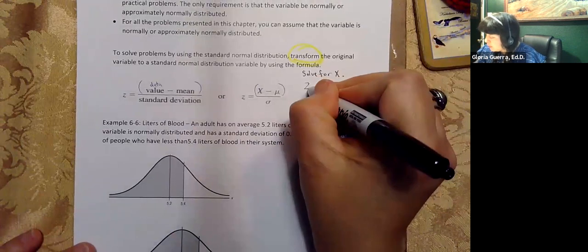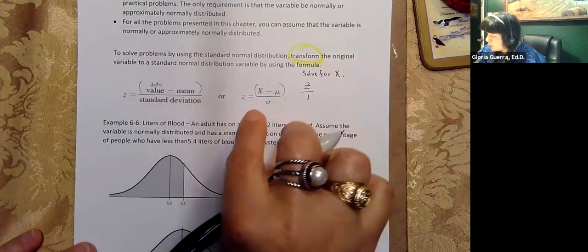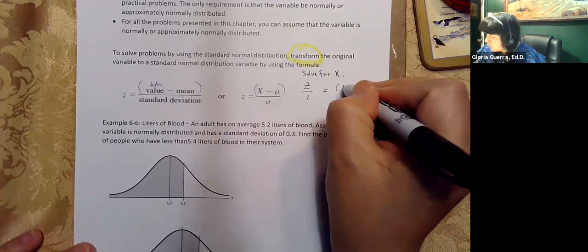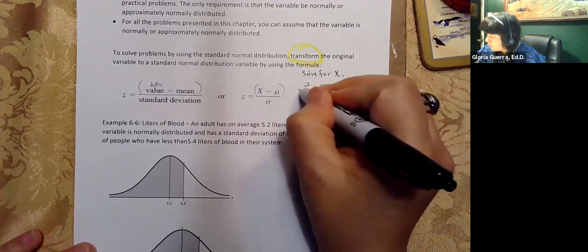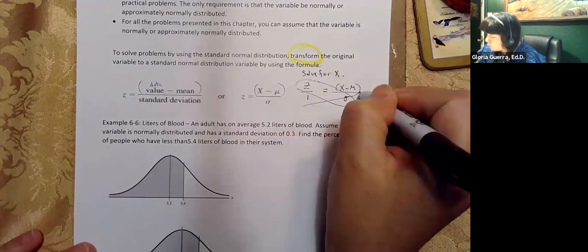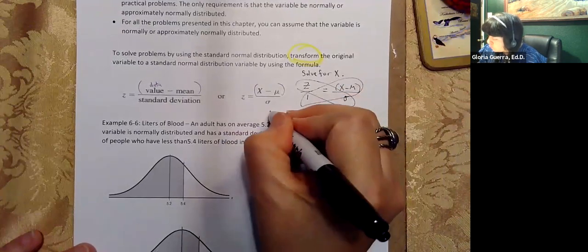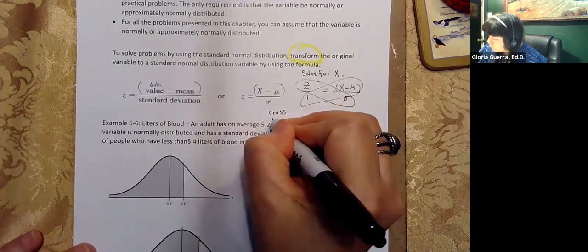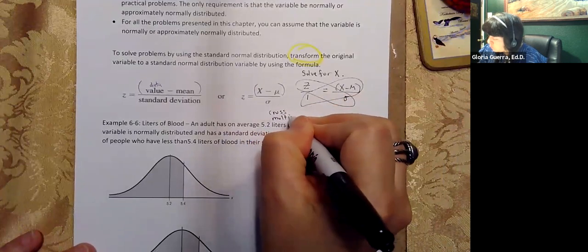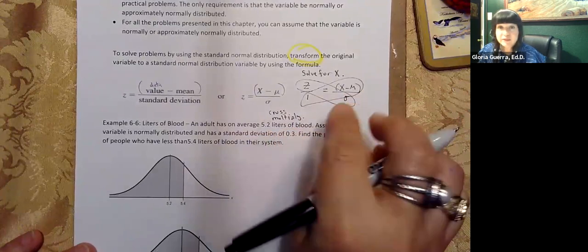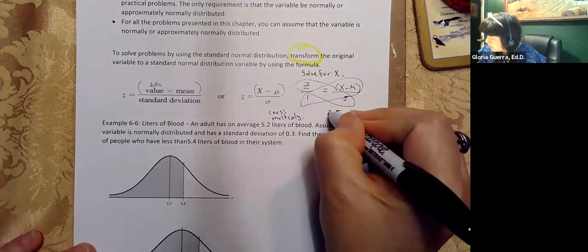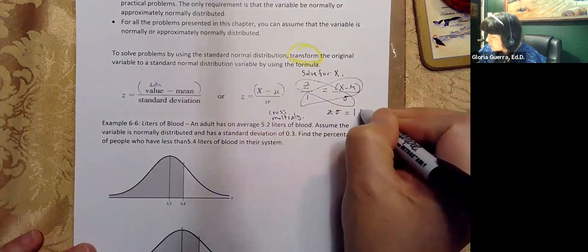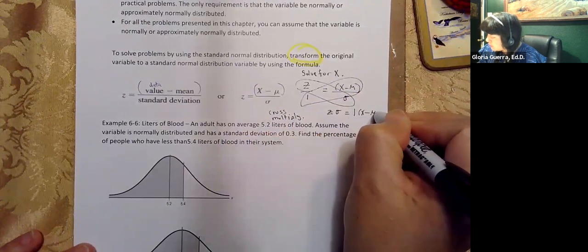Basically, you would write this formula, you would put this over 1, and then I would advise you to cross multiply. And so z times sigma is z times sigma, and 1 times this quantity, x minus mu.